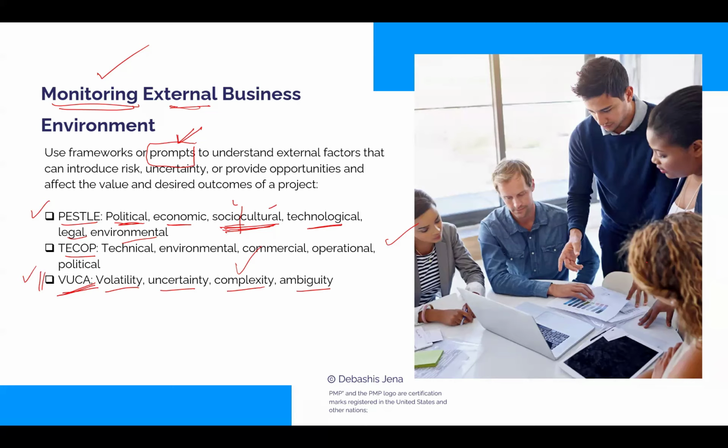So, summarizing, the takeaway from here is that a good project manager should be continuously monitoring the external environment for changes. Not just at the start, you obviously do that at the start, but throughout the project you keep on analyzing any changes in the external environment.